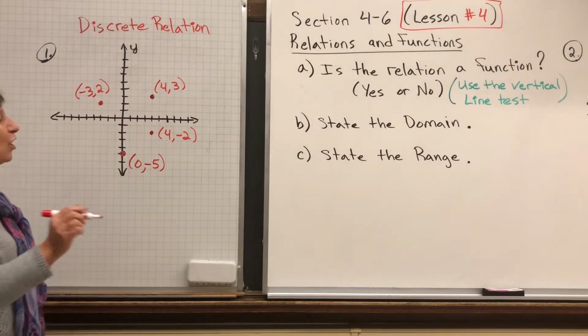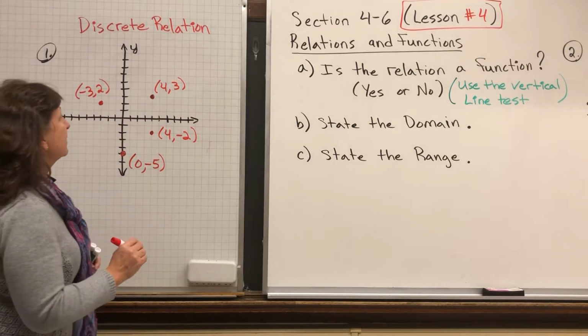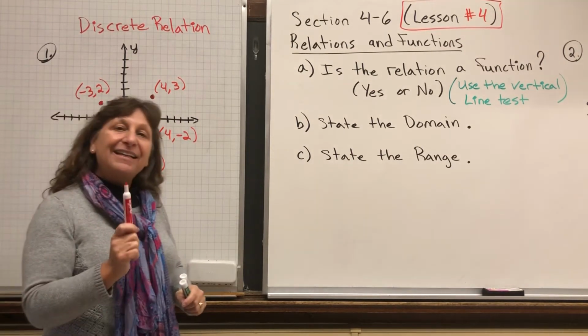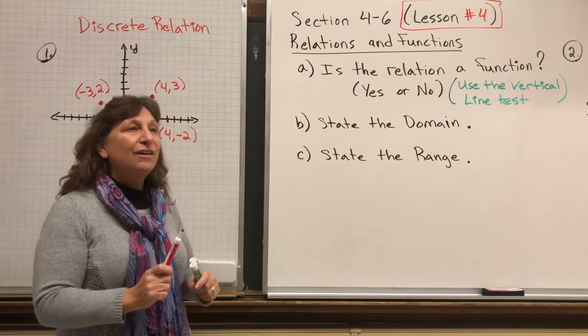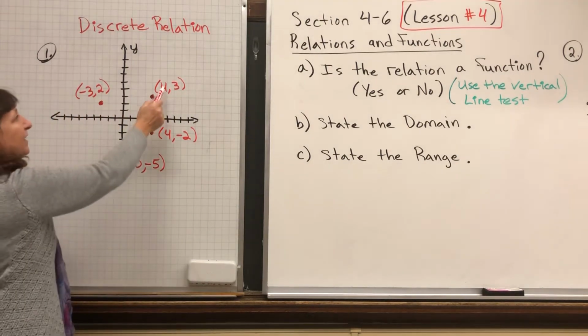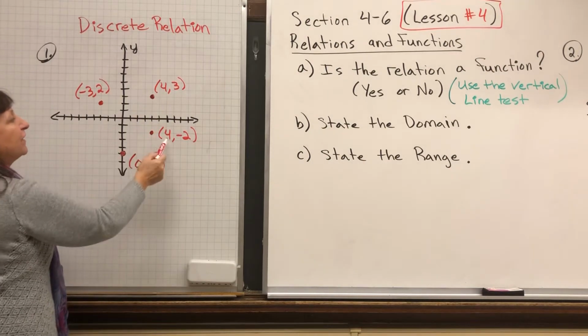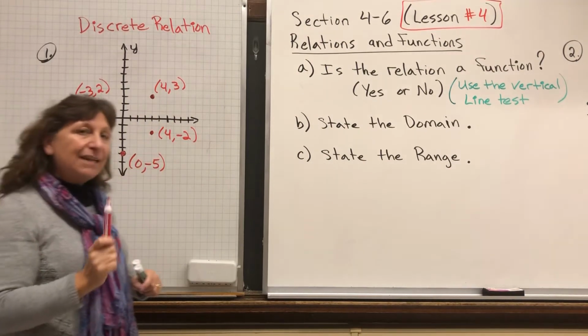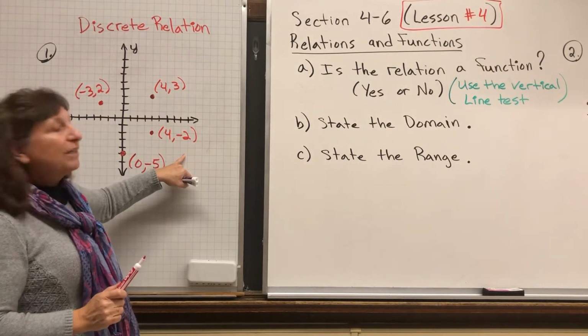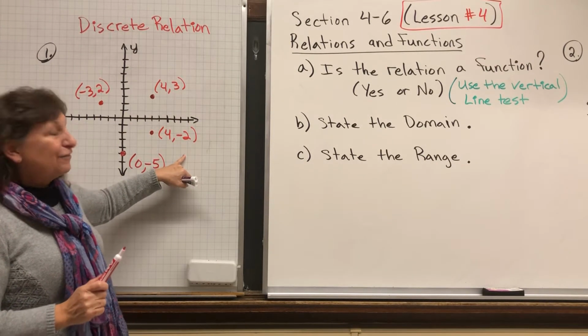And I think you guys noticed that I taught you a neat trick: any time there are 2 ordered pairs that have the same x value, that's going to be a red flag. If you have the same x value and 2 different y values, that's a red flag that it is not a function.